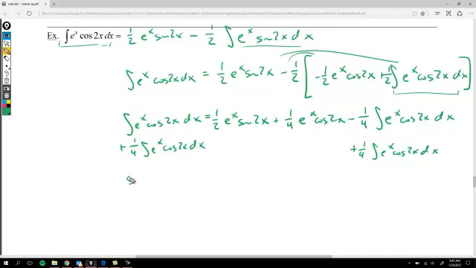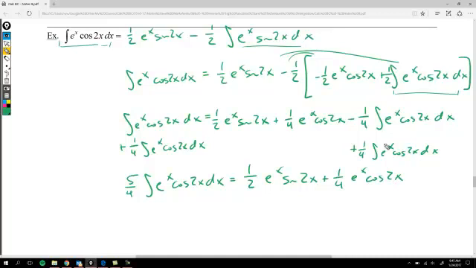Then I just have 5/4 integral of e to the x cosine of 2x dx is equal to 1/2 e to the x, sorry, that's a sine of 2x plus 1/4 e to the x cosine of 2x.